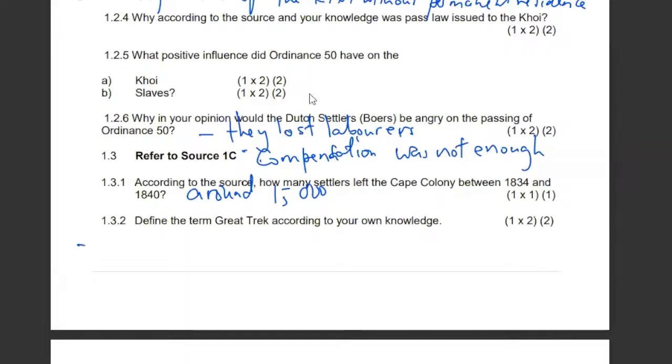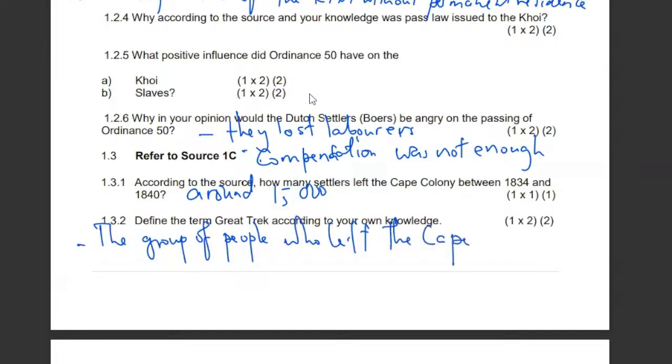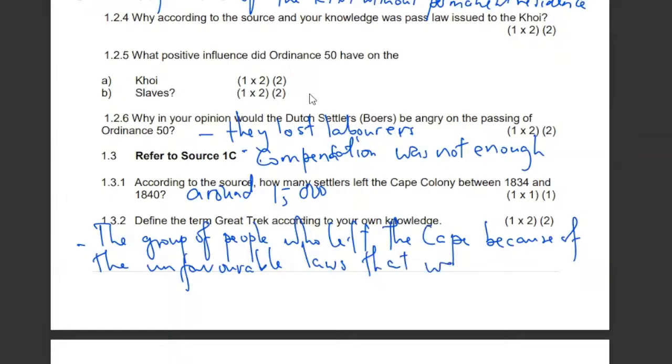The Great Trek, defining it in simple terms, we are saying the grouping who left the Cape because of the unfavorable laws that were introduced by the British.